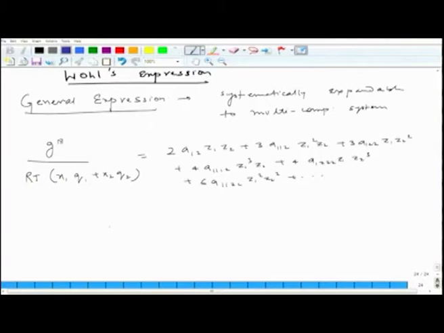So what it did is that it expressed the Gibbs free energy of a binary solution as a power series in Z, which is the effective volume fraction of each component. So what is Z? We are considering only binary components here, right?